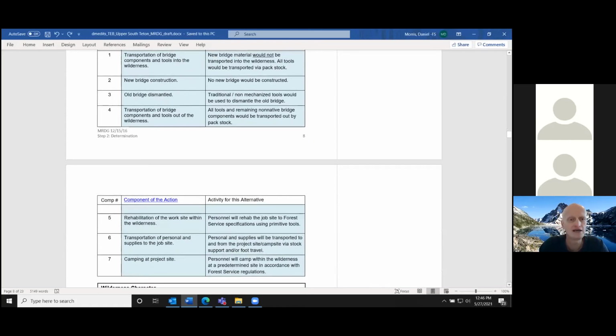All right, and then you'll see the components of the action on this right side column. They speak to what is happening specific to this alternative. So those items are going to end up being what we analyze for effects to wilderness character down below.